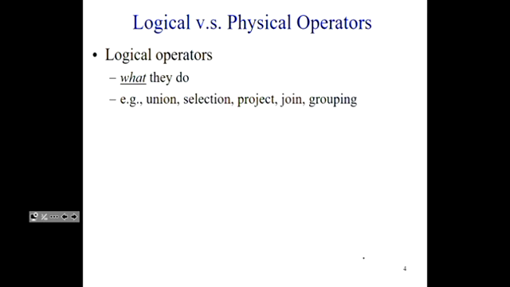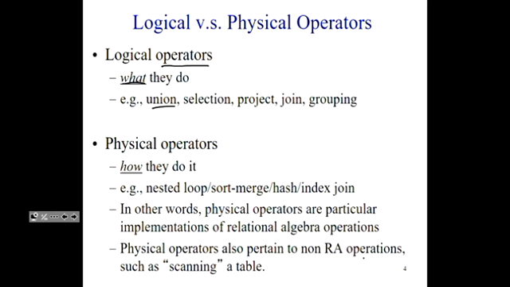Once again, the trade-off between logical and physical operators is as follows. The logical operators are like relational algebra operators. They specify what is happening, what the operators actually do. So it specifies that you are doing a union or a selection or a projection and so on, while the physical operators specify how it's actually done. For instance, if you're doing a join, there are many implementations of a join.